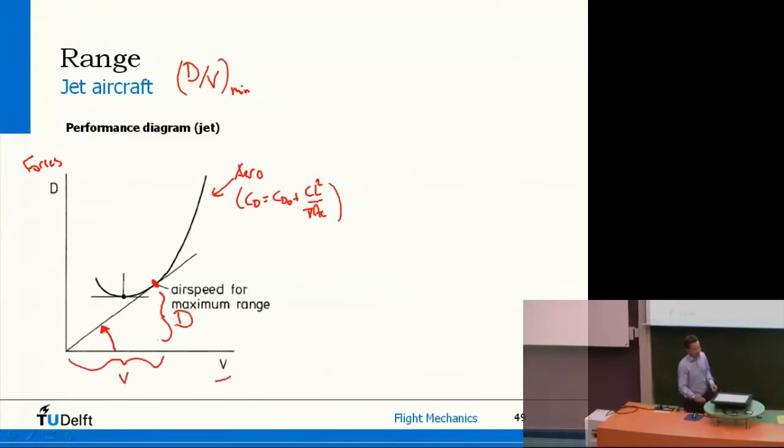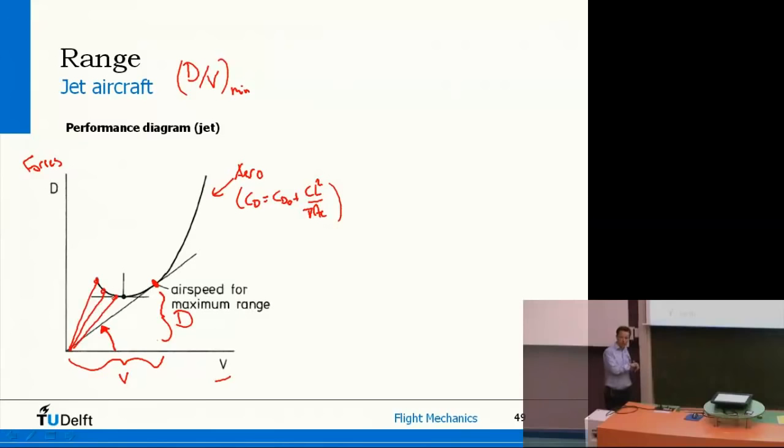So aerodynamic drag is the vertical distance, airspeed is the horizontal distance. So the angle is basically a measure for D divided by V. Now you could draw a line from the origin to any point on the curve, but you'll see that this line that's already drawn, that's actually the line where D over V is at the minimum.